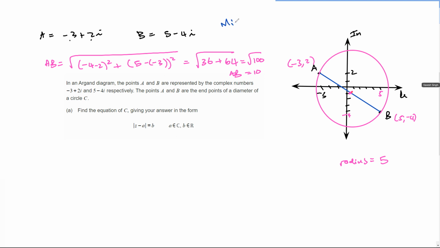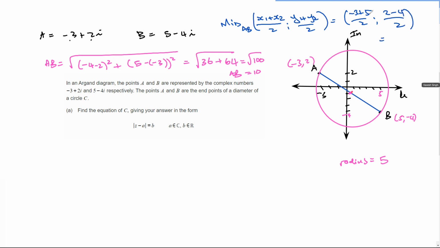And so when we find the midpoint of AB, it will be (x1 plus x2) divided by 2, (y1 plus y2) divided by 2. And so that will become -3 plus 5 divided by 2, and 2 minus 4 divided by 2.